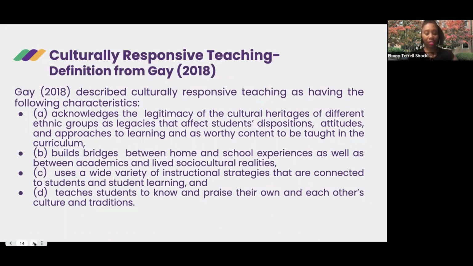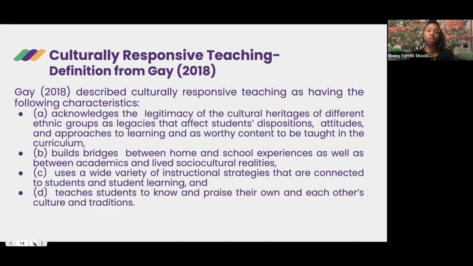As you can see, this definition from Dr. Geneva Gay, from her recent 2018 text, describes culturally responsive teaching as having the following: that we, educators, researchers, scholars, community leaders, activists, acknowledge the legitimacy of the cultural heritages of different ethnic groups, different racial backgrounds, their legacies that affect their dispositions, the attitudes, the way they show up in school, their approaches to learning, and that we take that content and those experiences and those dispositions as worthy to be taught in the curriculum.